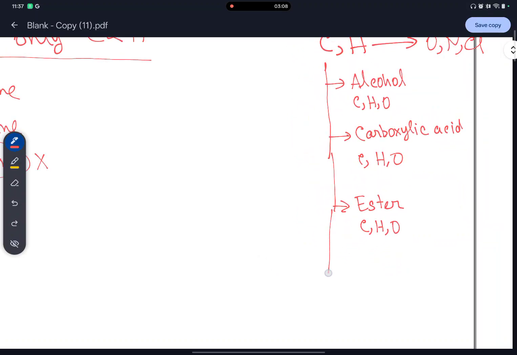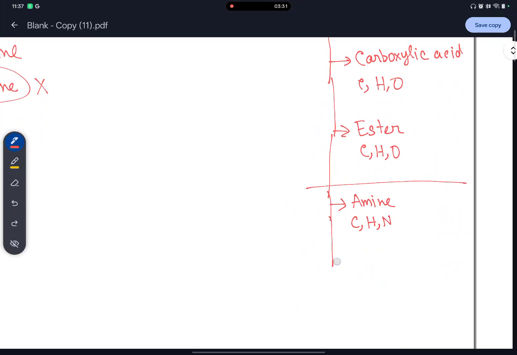Now, there are some other things that are not part of the O-level syllabus, but I will discuss those anyway. For example, amines. Depending on which part of the world you reside in, the pronunciation will be different. So amine is carbon, hydrogen, and nitrogen.